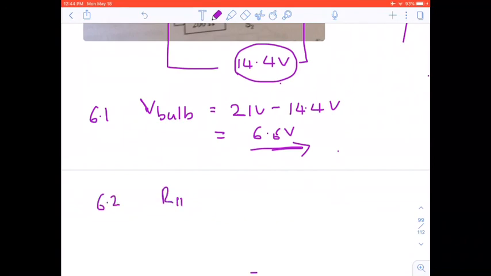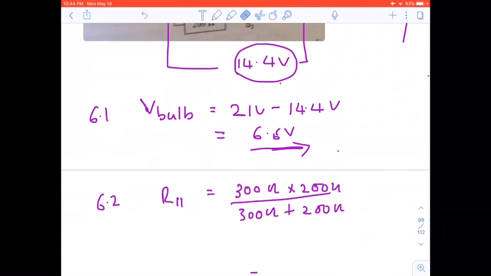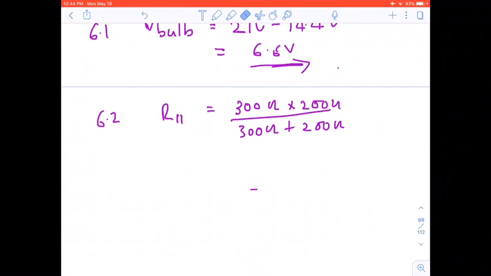So if you want R parallel, that would be 300 ohms times 200 ohms all upon 300 ohms plus 200 ohms, which gives us that all upon 500 ohms.